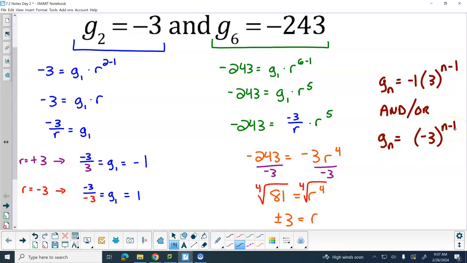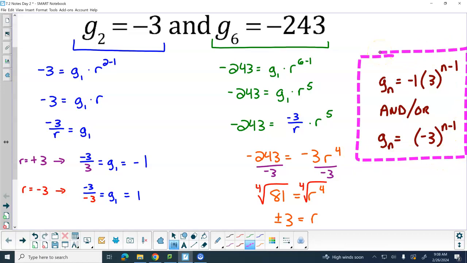Because my g sub 1 value was positive 1, I don't have to write it. I wouldn't get it marked wrong if I did write it, but I don't have to put it in.